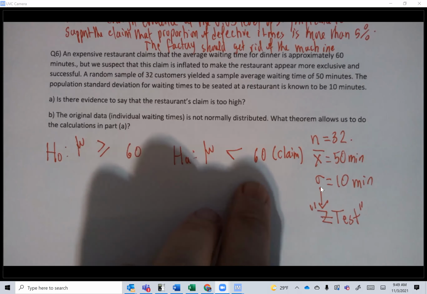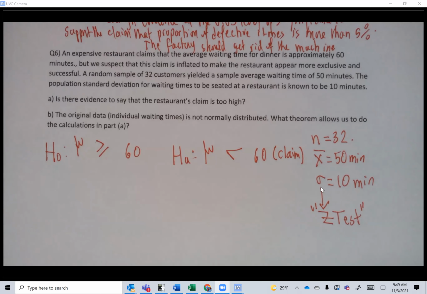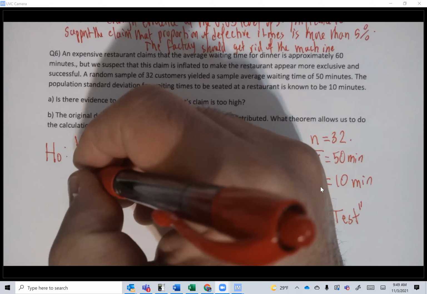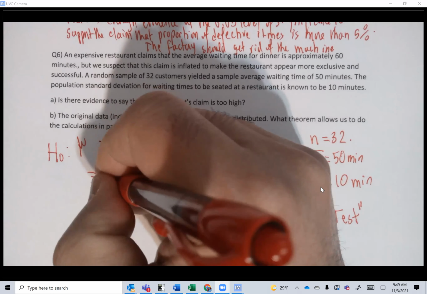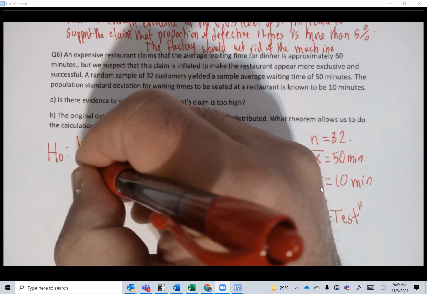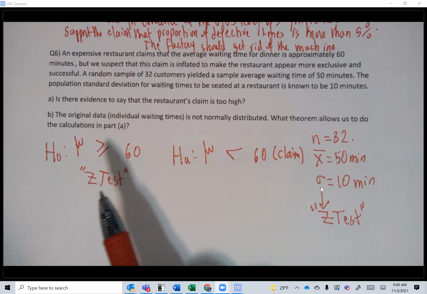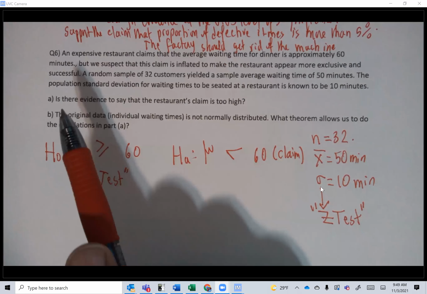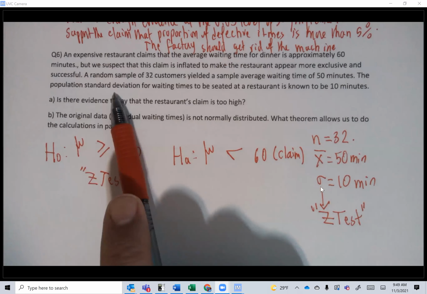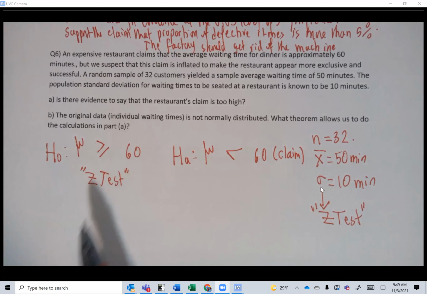And that's how you proceed. Okay, z-test. If students have a question why we're using a z-test, it's simply because he mentioned the population standard deviation. Once he mentions that, you are doing a standard normal distribution z-test.